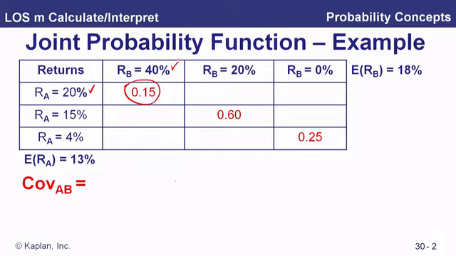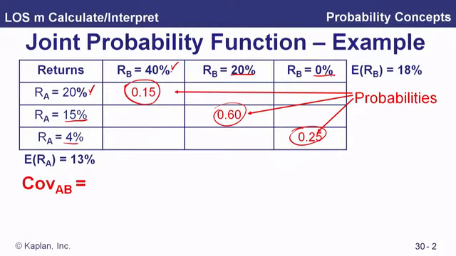So that's really the joint probability. So that's why we call it a joint probability function. There is a 15% probability of 20 and 40. There is a 60% probability of 15 and 20, and a 25% probability of returns of 4 on A and 0 on B.